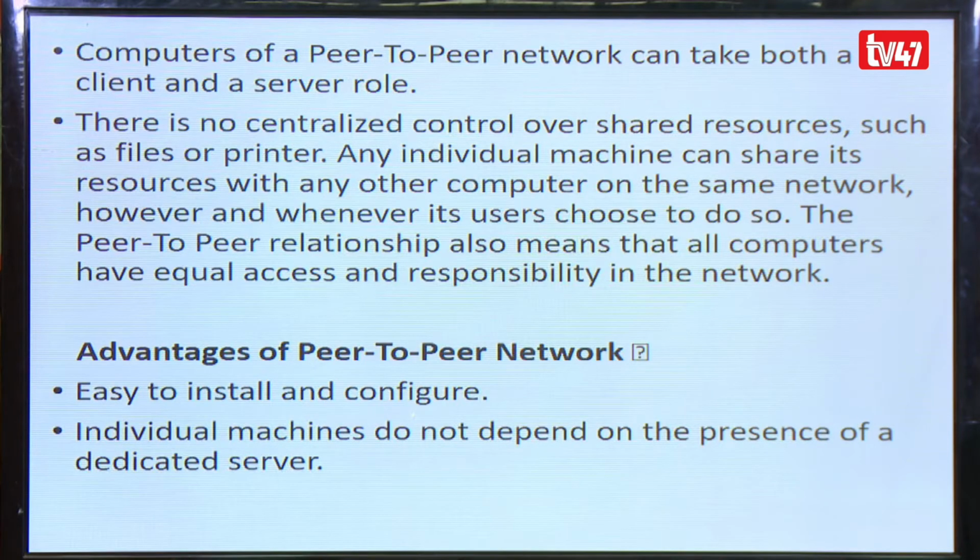Any individual machine can share its resources with any other computer on the same network, however and whenever its users choose to do so. With this peer-to-peer relationship, all computers have equal access and responsibility in the network. That is why we have said no computer is superior to the other.